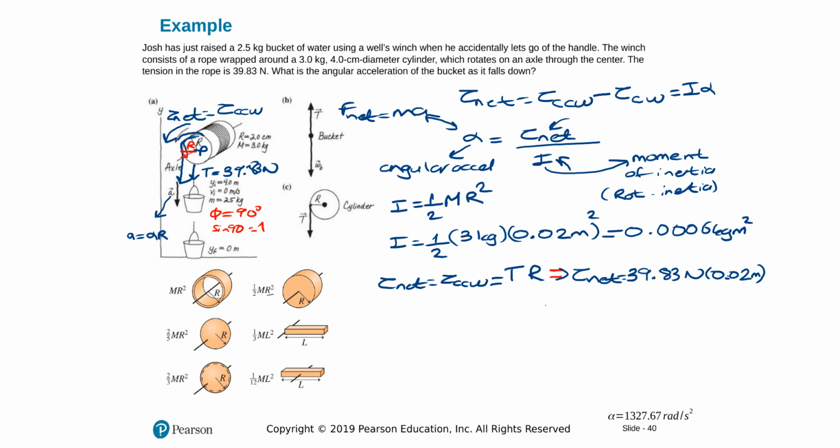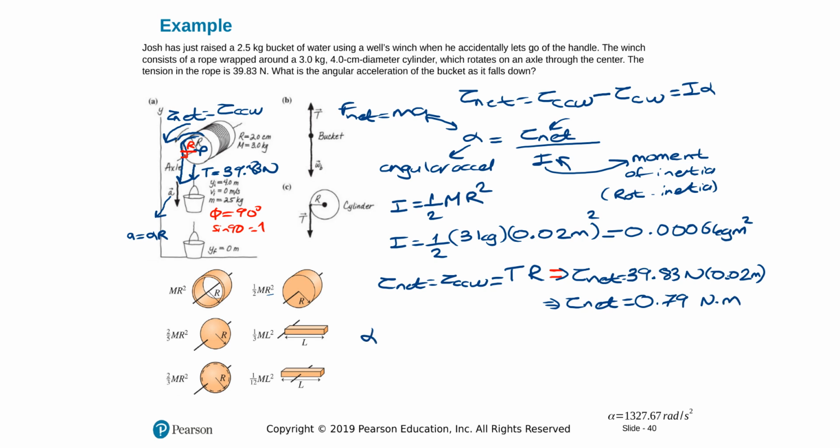And from there we'll get the tau net as a number, and that should be 0.79 Newton times a meter.